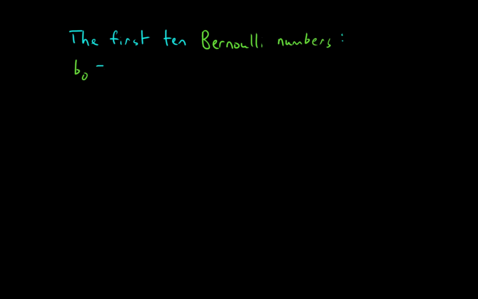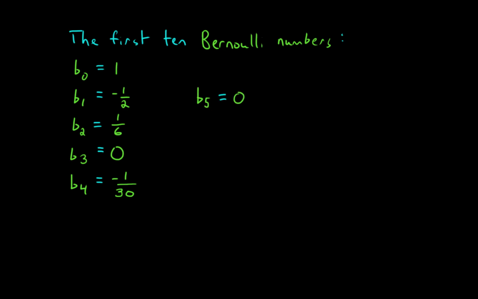But at any rate, we have b sub 0 equals 1, b sub 1 equals negative 1/2, b sub 2 equals 1/6, b sub 3 equals 0, b sub 4 equals negative 1 over 30, b sub 5 again equals 0, b sub 6 equals 1 over 42, b sub 7 equals 0, b sub 8 again equals negative 1 over 30, b sub 9 equals 0, and b sub 10 equals 5 over 66.